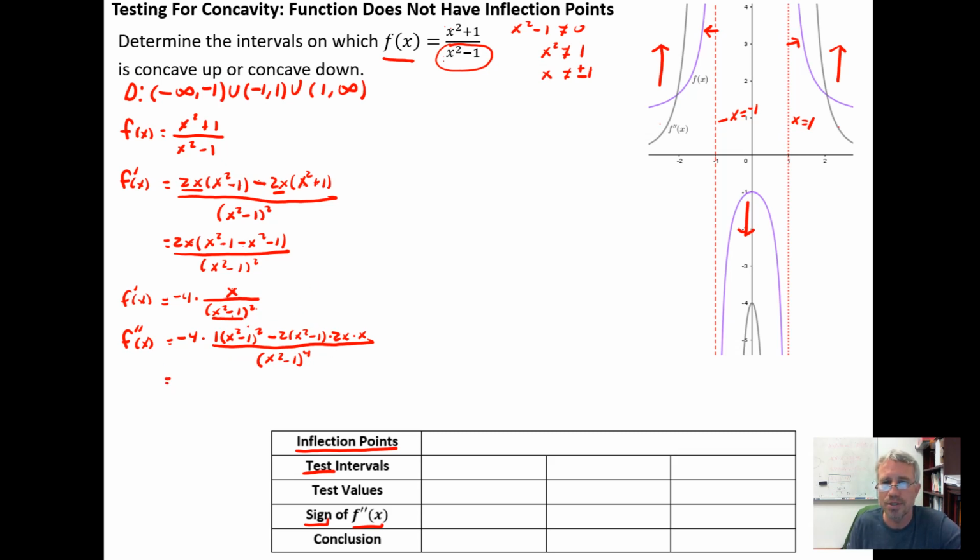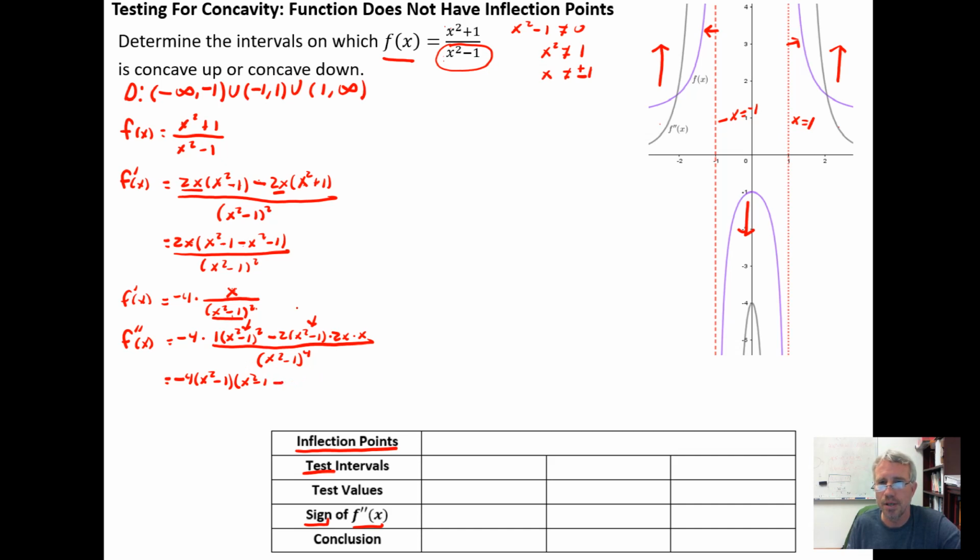And now I want to continue to simplify. So when I look at this, I see that I have an x squared minus 1 term showing up in each of these two terms. So I can factor off an x squared minus 1, which will leave some stuff behind. Factoring it off with the first term here will leave an x squared minus 1.